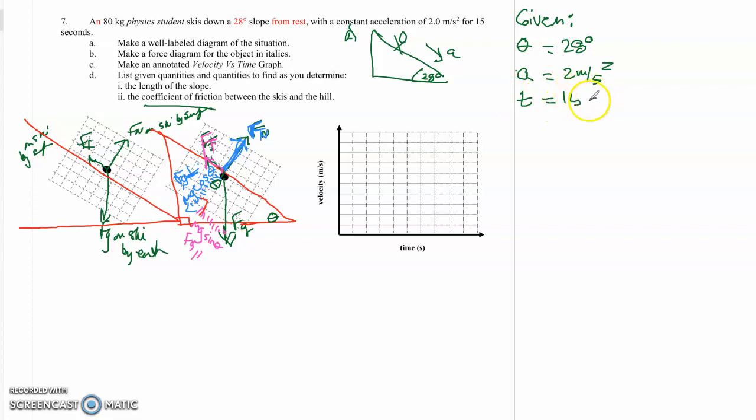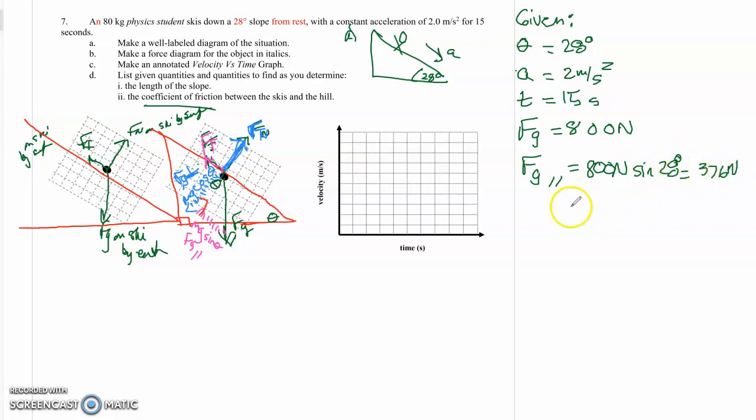Time equals 15 seconds. FG equals what? 800? Yeah. FG parallel equals 800 sine 28, which equals 376 newtons. FG perpendicular equals 800 cosine 28, which equals 706 newtons.